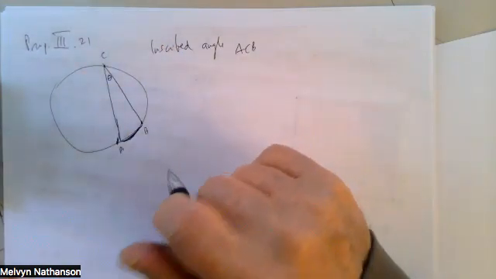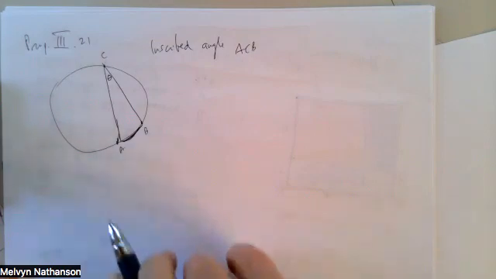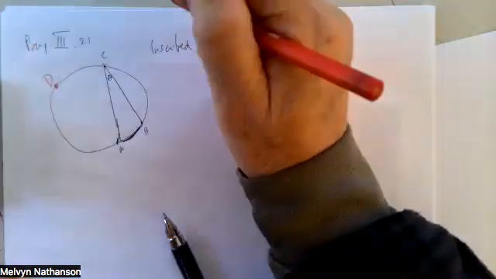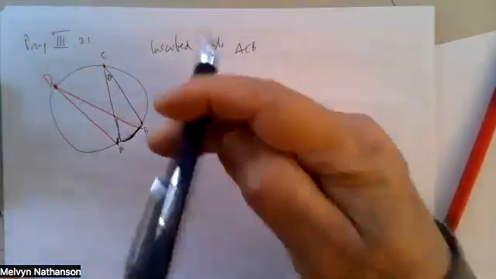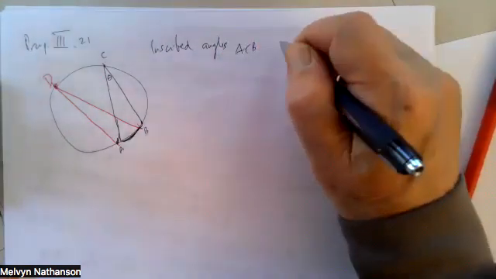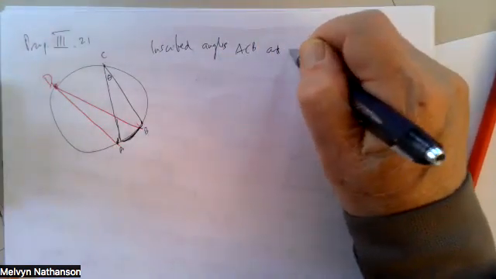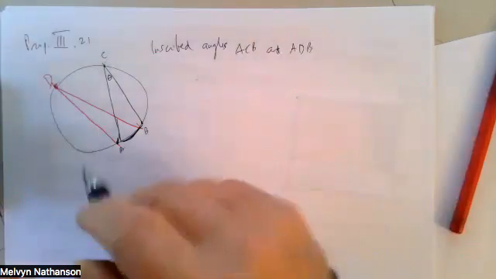Now, I could take another point on the circle, anywhere, say here, D, and I could draw the line from D to A and D to B. So we have another inscribed angle, angle ADB.